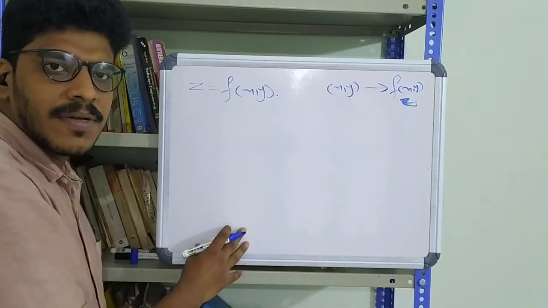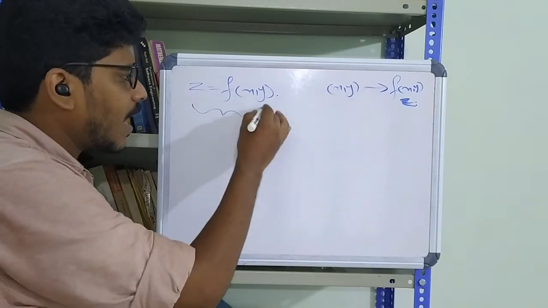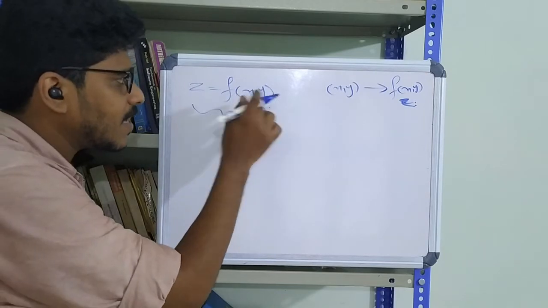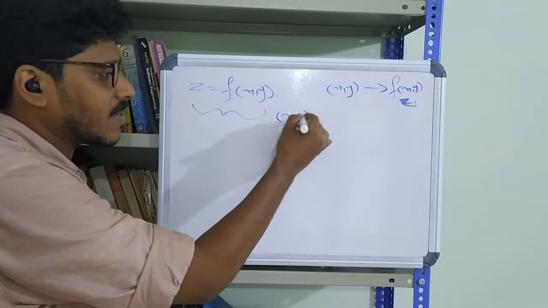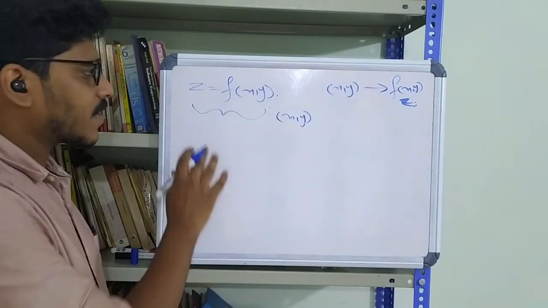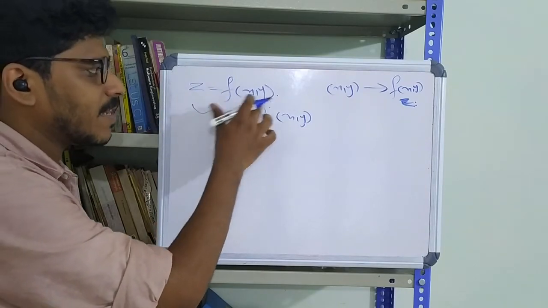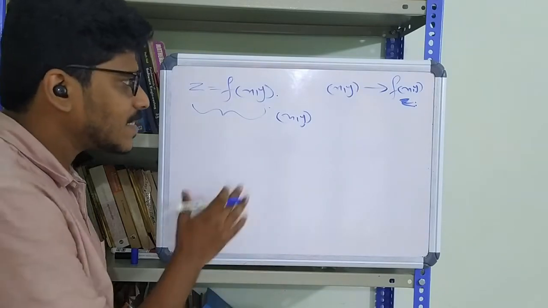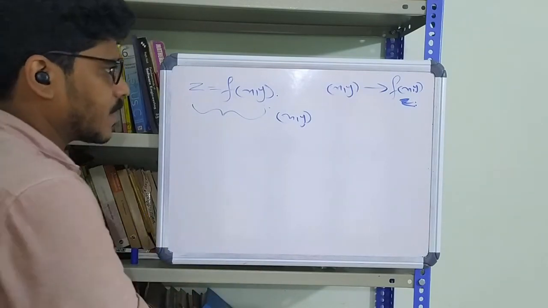So this function assigns a z value for every pair (x, y). Such a setup is called a function of two variables.